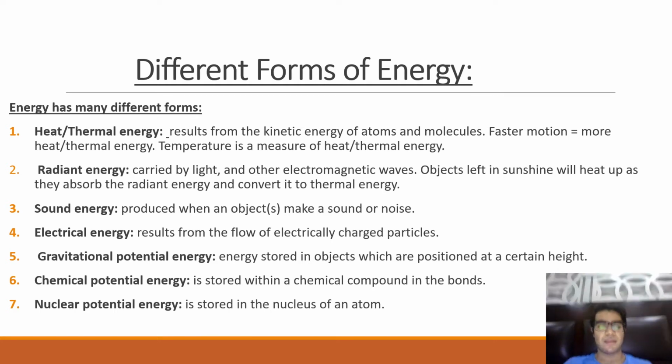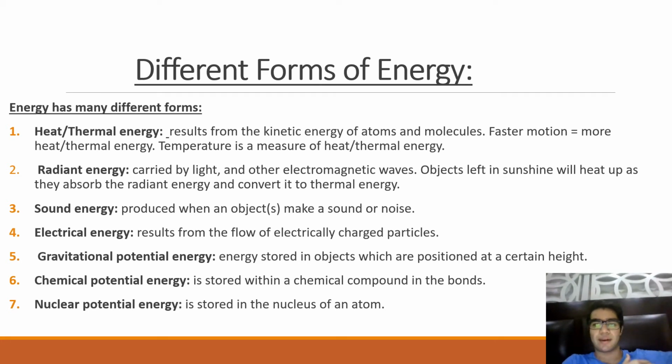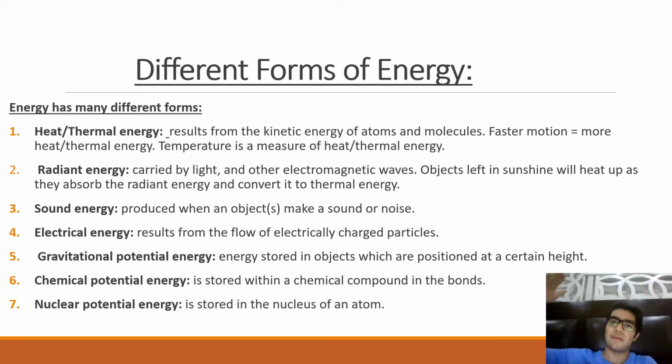Fifth is gravitational potential energy, also called GPE, which is basically energy stored in objects which are at a certain height. Any object which is above ground level, on the top floor, second floor, whatever, has some gravitational potential energy.